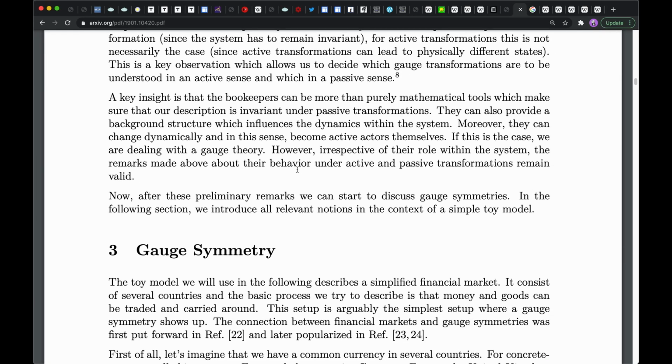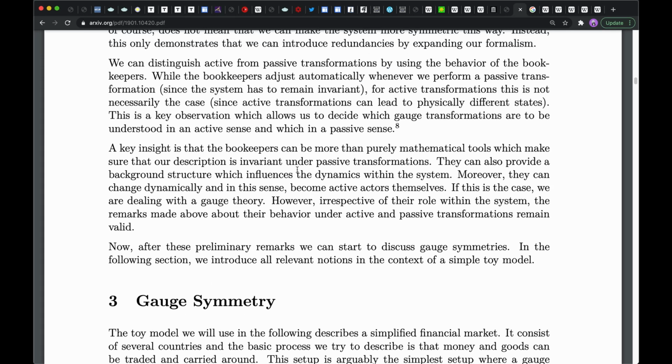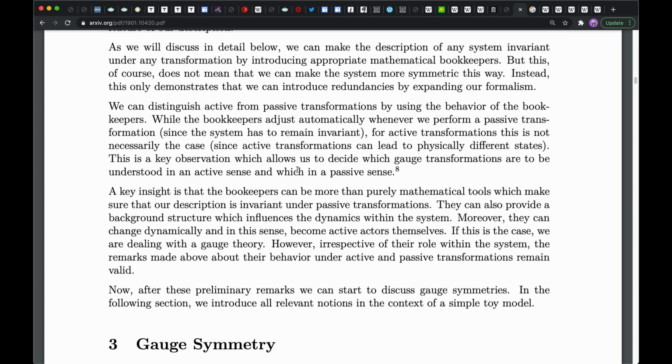And that's just the coordinate transformations that we talked about earlier, right? Yeah, something like that. It could be a coordinate transformation, or maybe some other transformation which doesn't change anything in reality. So it's just a matter of notation, and coordinate transformation is just one of the examples. We will see more examples later with gauge transformations, like in quantum mechanical systems, where we will use some kind of complex rotation.